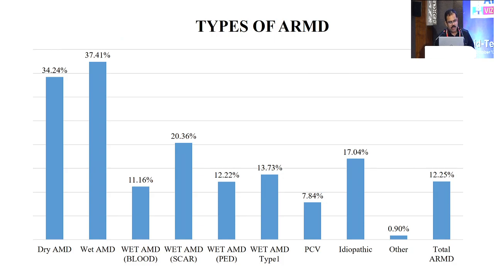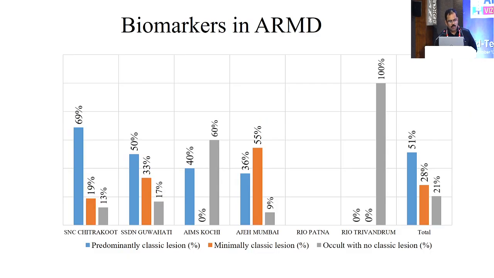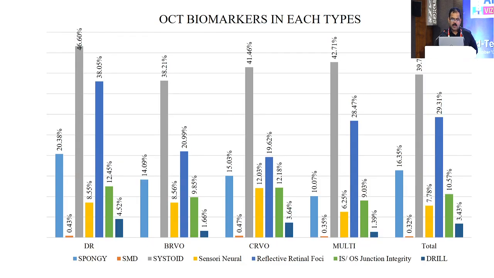And type of AMD as well, wet AMD, there will be a lot of patients with classical rather than occult. Now let us look at some of the biomarkers. Predominantly classic, minimally classic, and occult. Predominantly classic was more common in all the sites, and occult was 20% only.